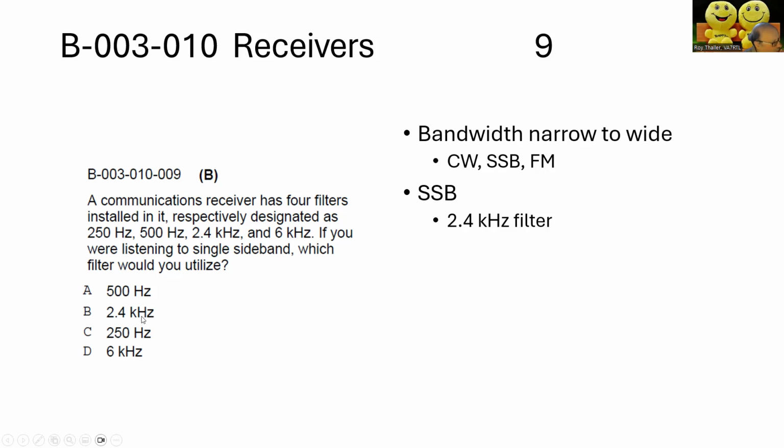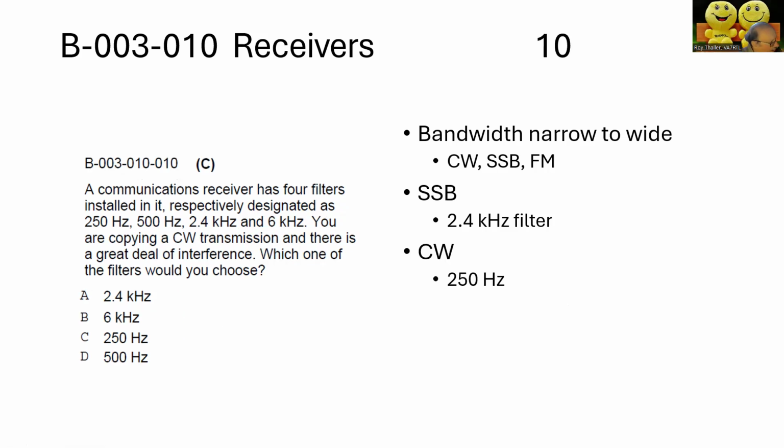So you would use the 2.4 kilohertz filter. B is the correct answer. 6 kilohertz is too wide, so you're introducing some noise, and the other filters are too narrow, and you would lose some information of the voice.